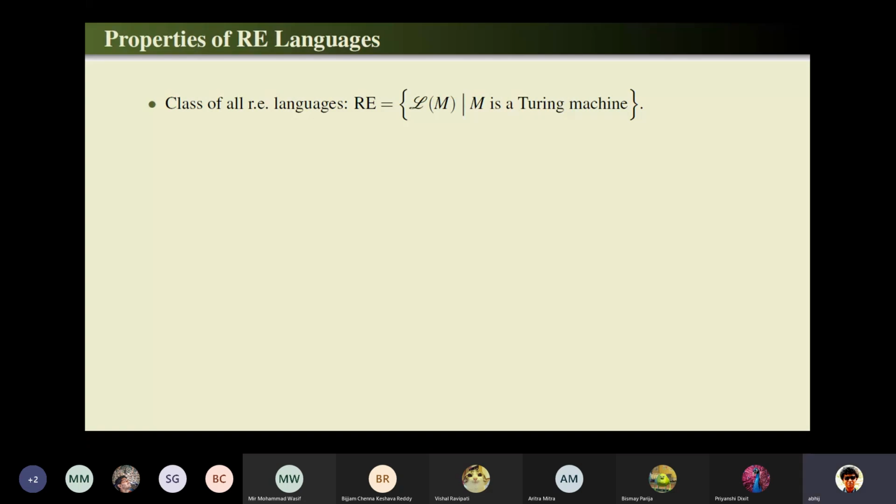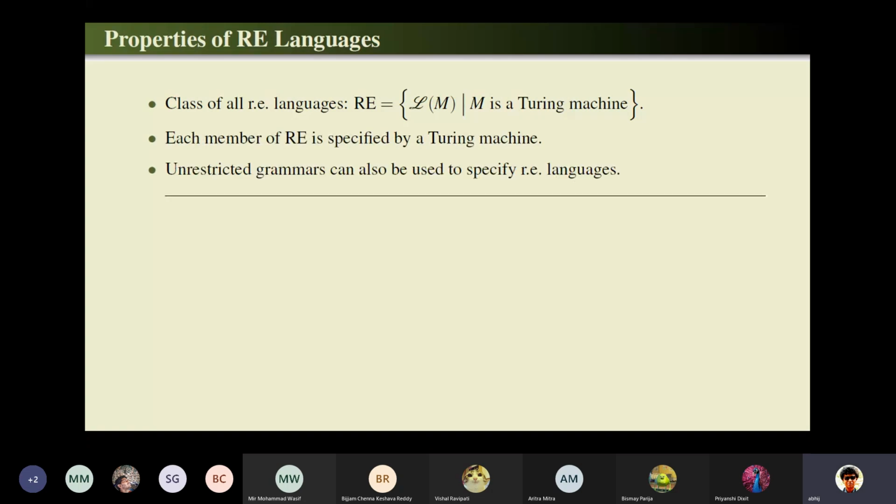In other words, how do I specify a member of this set or class RE?